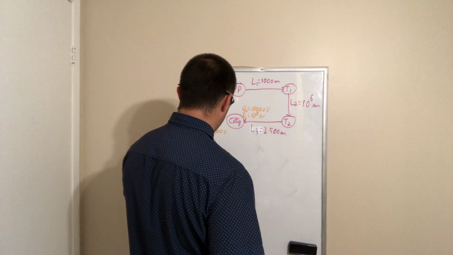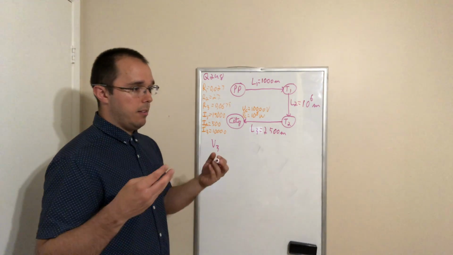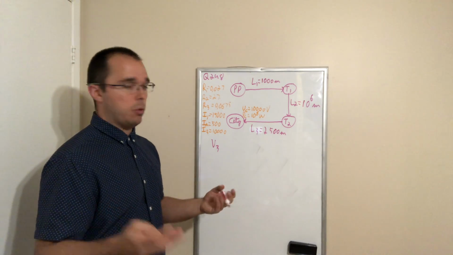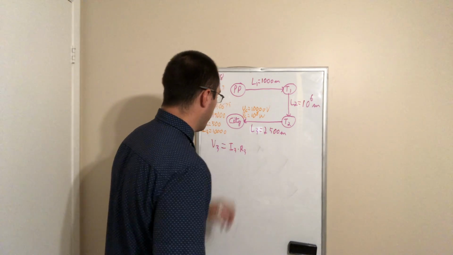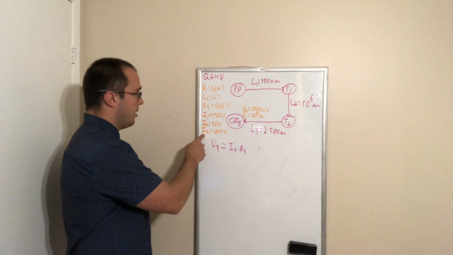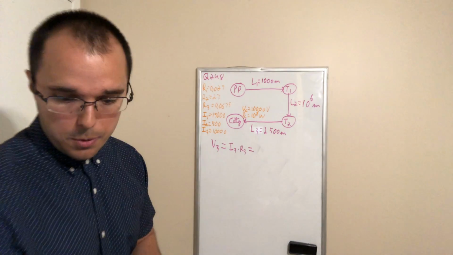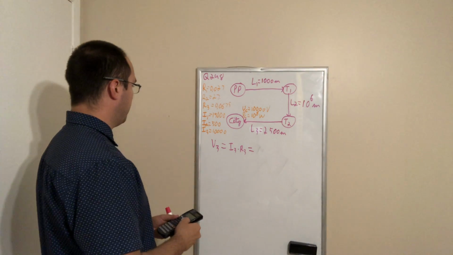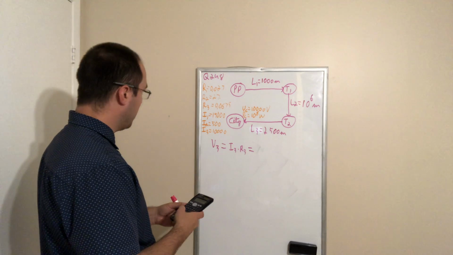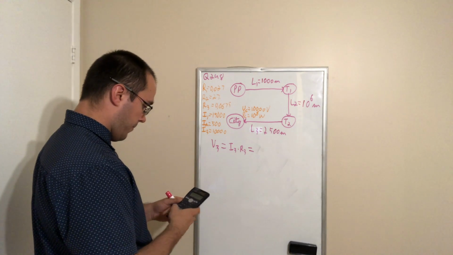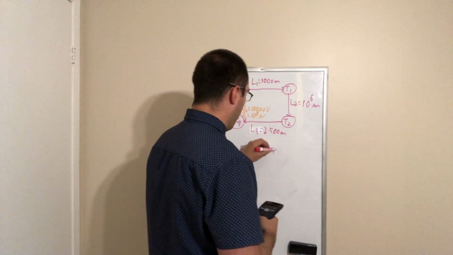Basically, the voltage drop through a wire or any piece of equipment with an electrical resistance is equal to the current multiplied by the resistance. So in this case, I3 multiplied by R3. And what is this value? So 10,000 multiplied by 0. So I get 675 volt.